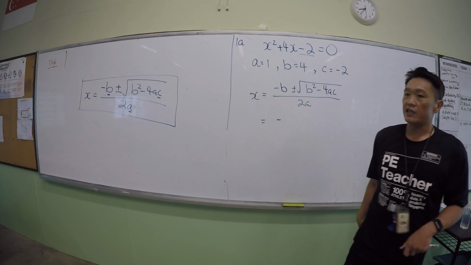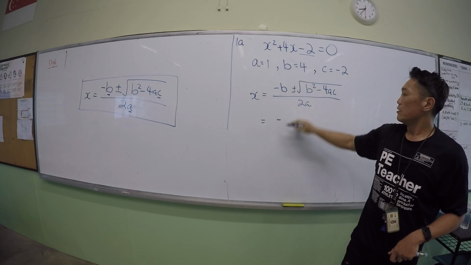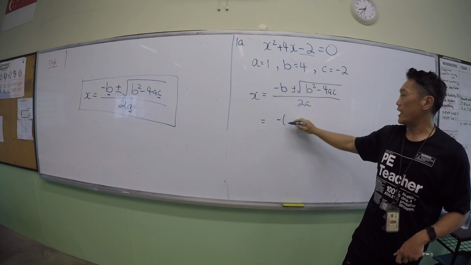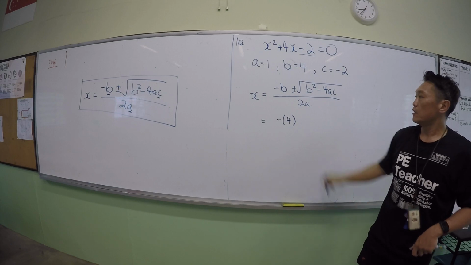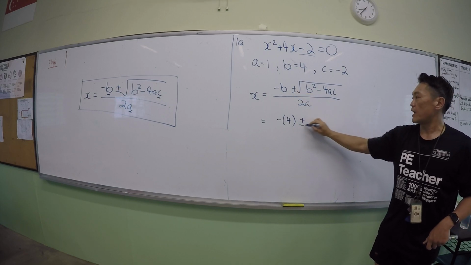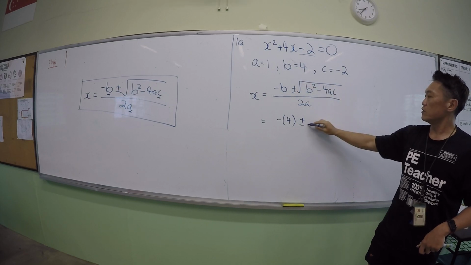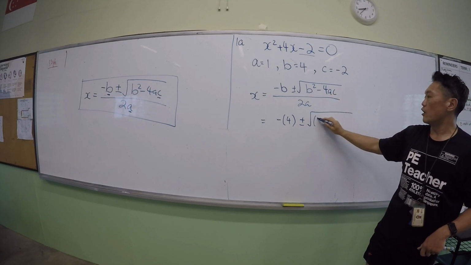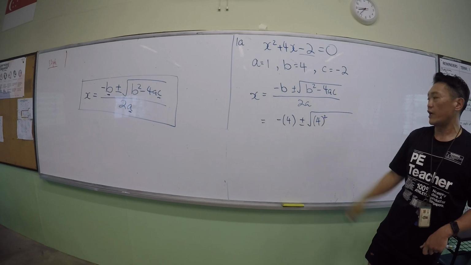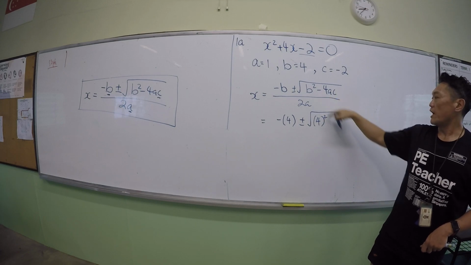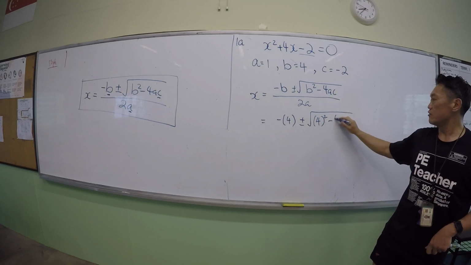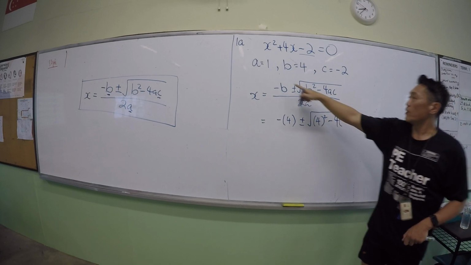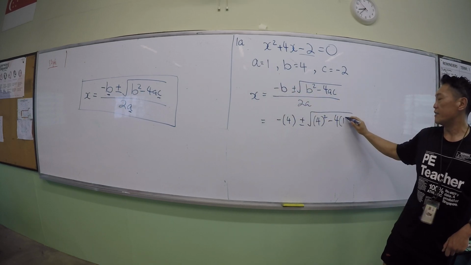Negative is still negative. B, put the value inside a bracket, put your 4 inside. Plus or minus, plus or minus. Square root, square root. B is being squared, so put your B inside a bracket and square the bracket. Minus is still minus, 4 is still 4. A, put inside a bracket, 1.